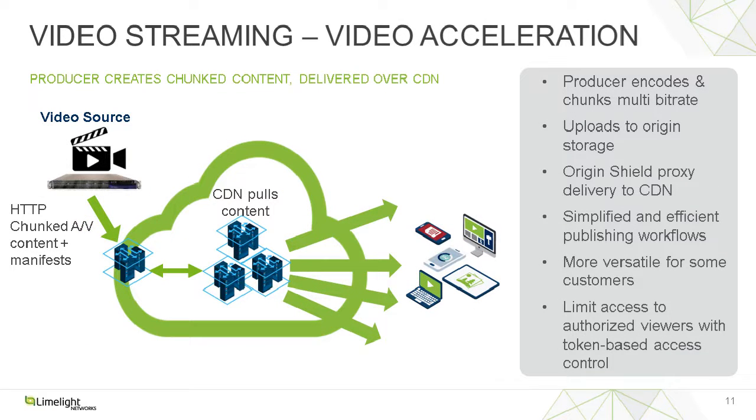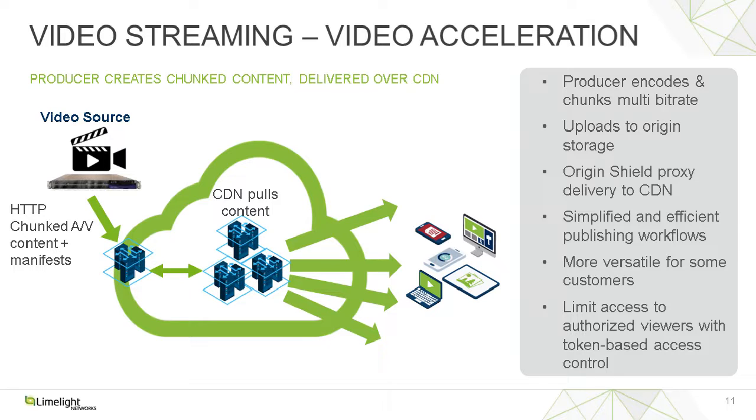Now, video acceleration is very similar, except that rather than sending in an RTMP input to a specialized server that's going to do all the heavy lifting for you, the producer takes on some of that lifting and does the encoding and the chunking to multi-bit rate on their own, uploads to some origin storage, and then the CDN pulls content from that origin storage as soon as it's available to deliver it.